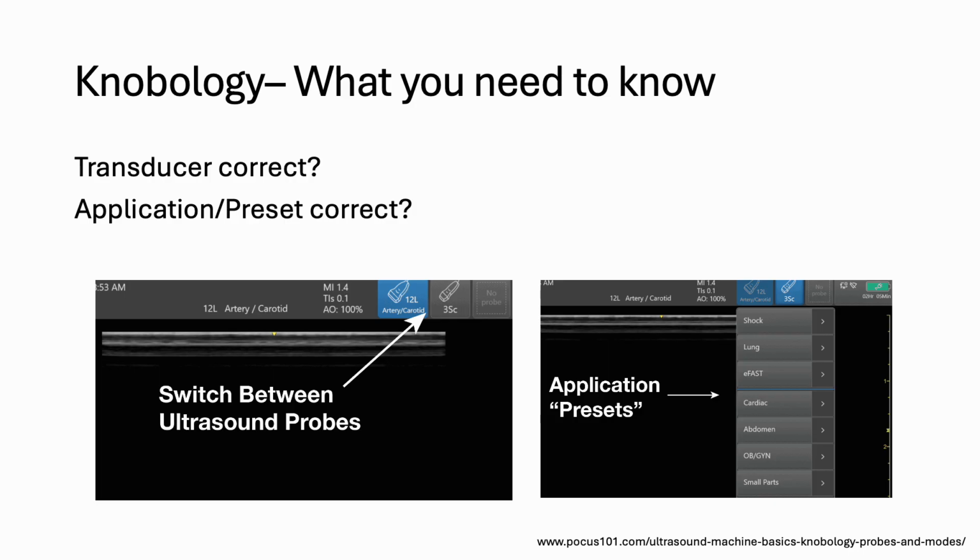The next thing that is really important is to make sure that the application or preset is correct. So is it selected? Sometimes sono machines may have cardiac on there, or lungs, or abdomen.